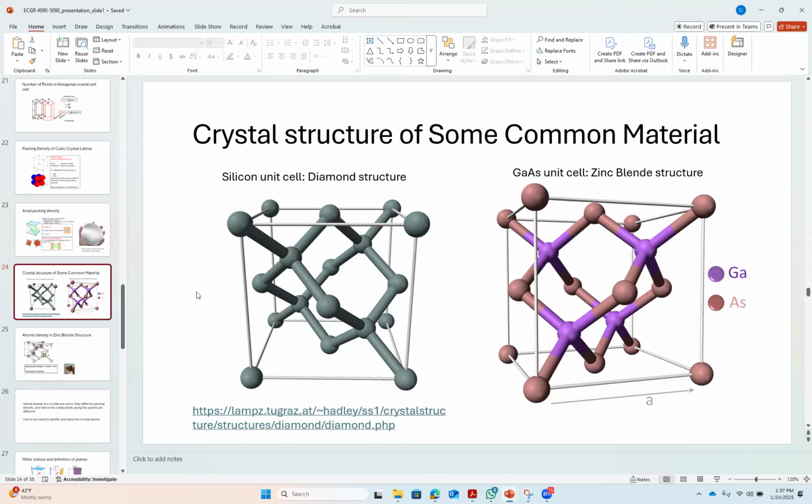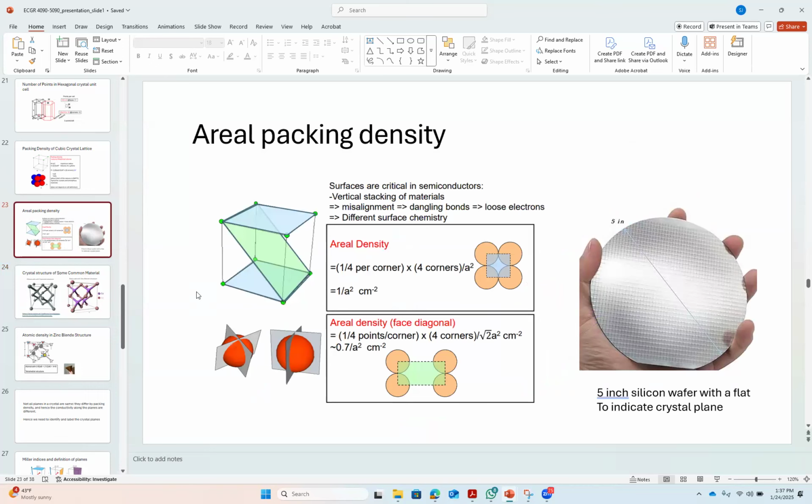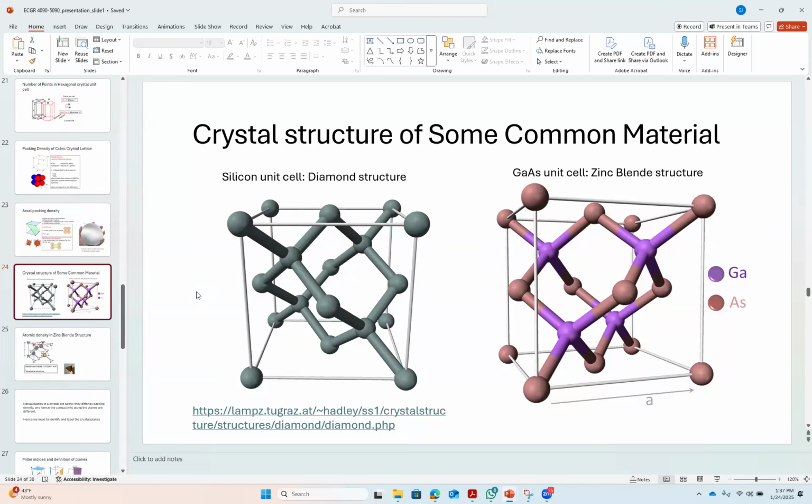From there, we also discussed how we can find out the atomic packing density of atoms, like how many atoms are there inside that cube. We also discussed how to calculate the density of atoms on a surface, and how to define a particular plane in a crystal.